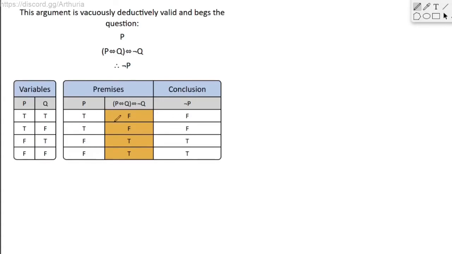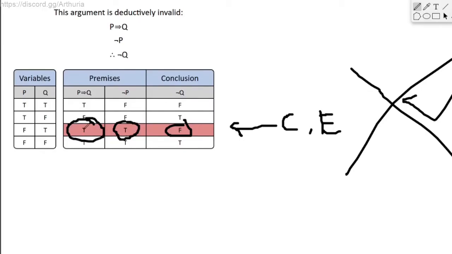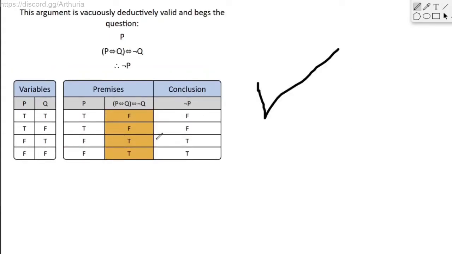There's never a case where the premises are true together, right? This is valid. This is good. It's valid. The situation only kicks in when the premises are true together and the conclusion is false. When I can't do that, when there are no cases where the premises are true together, it is valid.